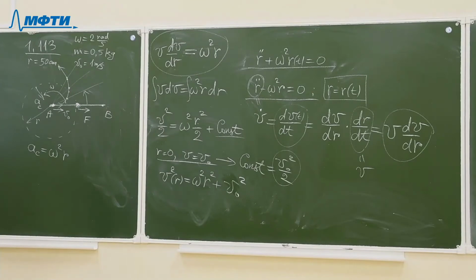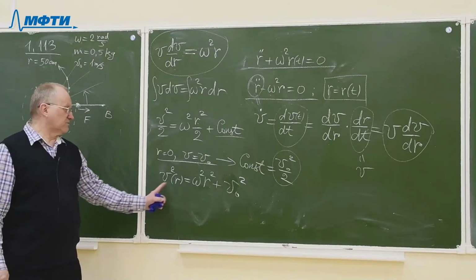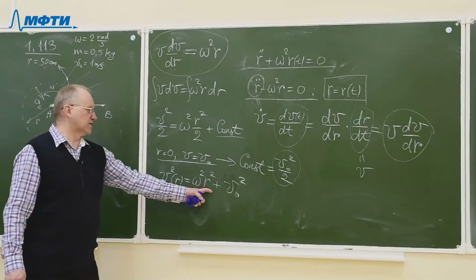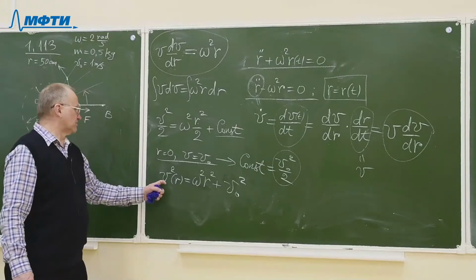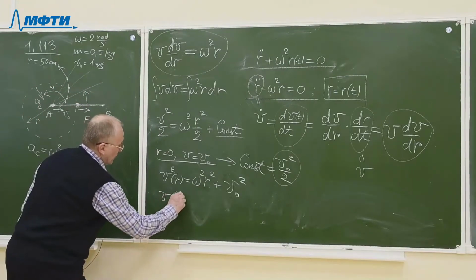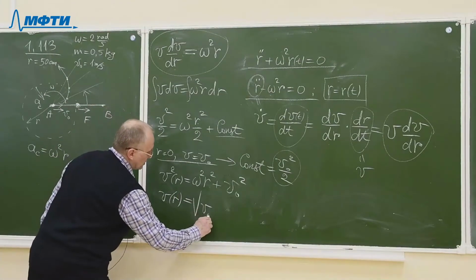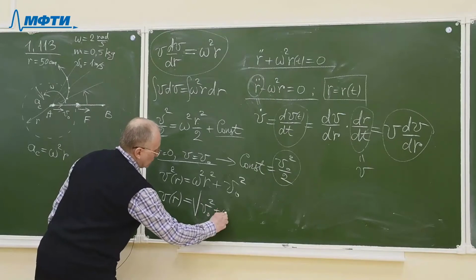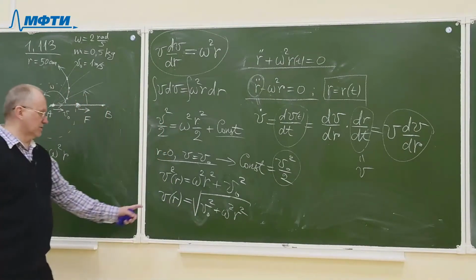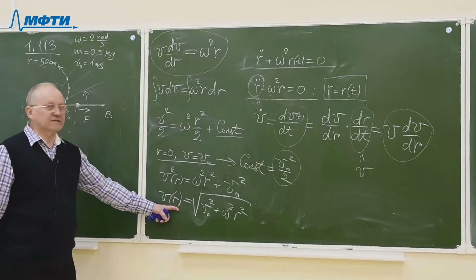So I have found this function v as a function of r. That's a function of r, the initial velocity, and here the constant multiplied by r squared. So the velocity as a function of r will be given by the square root of initial velocity squared plus omega squared r squared. That's the necessary velocity as a function of distance.